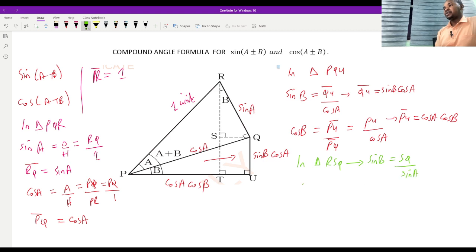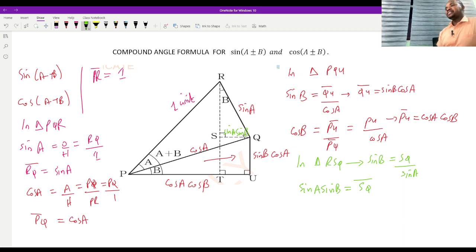And from this, you can get actually that sine A times sine B is going to be SQ. So SQ is sine A sine B.